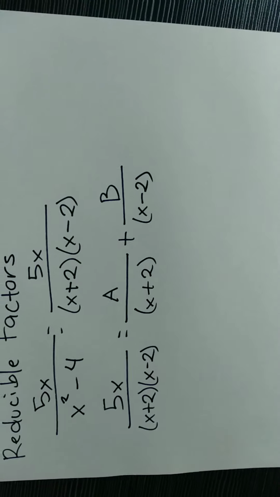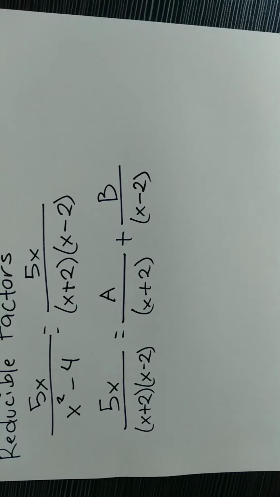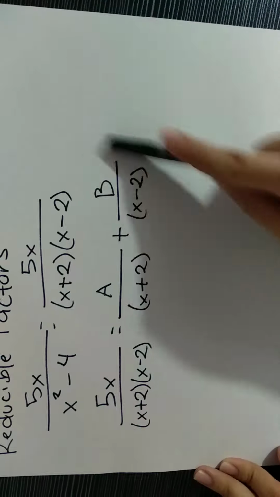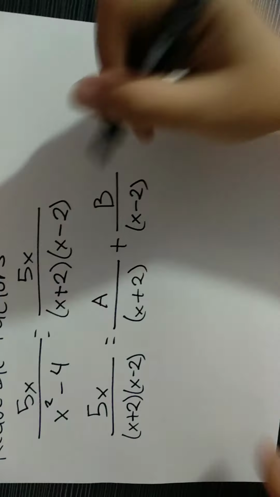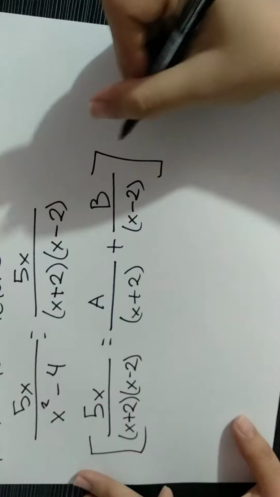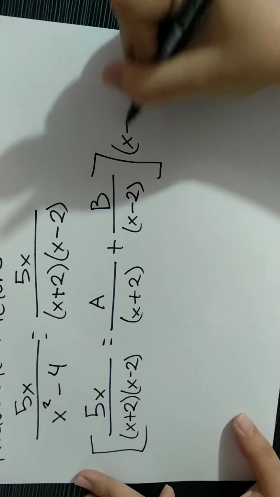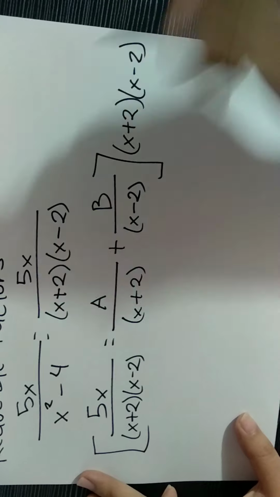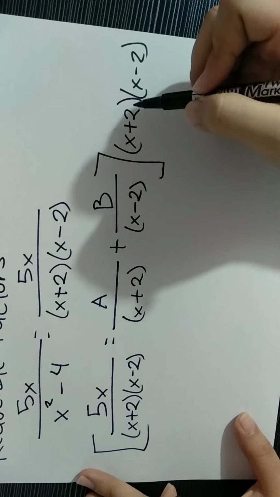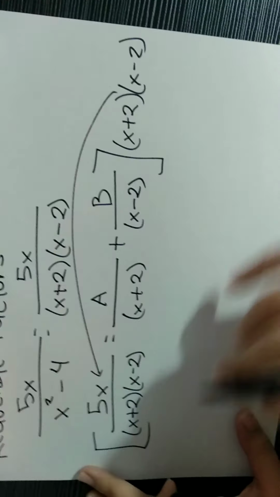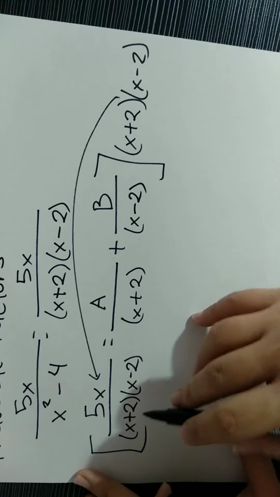Now, to solve the values of a and b, we must multiply the equation by the least common denominator, and that is x plus 2 times x minus 2. So x plus 2 times x minus 2 times 5x over x plus 2 times x minus 2.